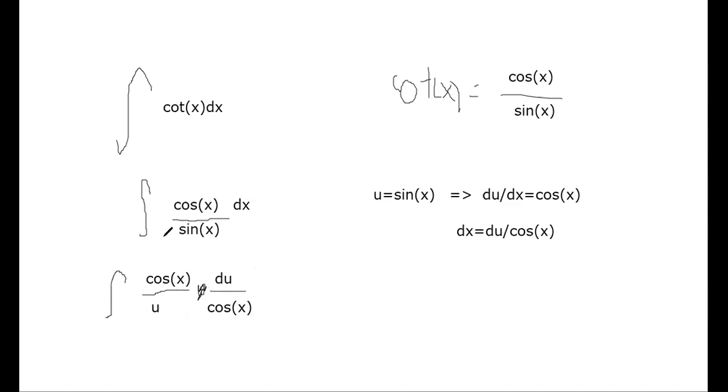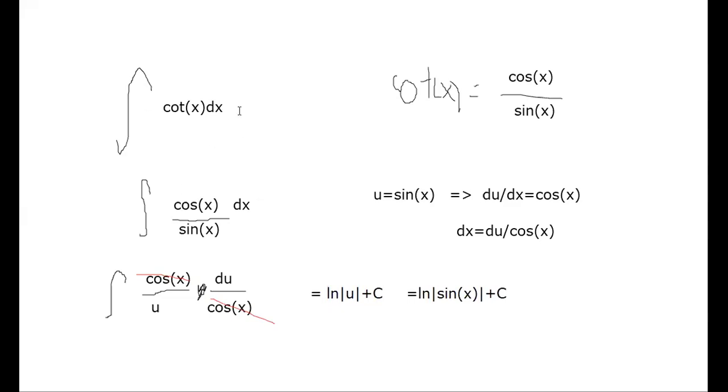And as before, cancel what you can cancel, and we just have 1 over u du, or du over u, or whatever you want to call it. And so this just becomes ln of u plus c. And if we put this back, this ends up just being ln of sine of x plus c. And we're done.